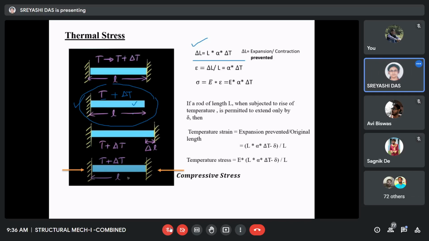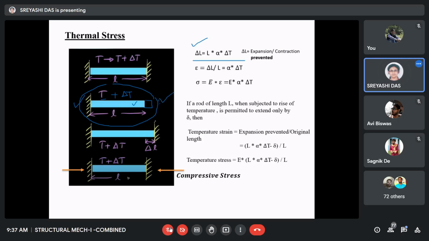So in the rail line, if that 4 or 5 millimeter gap is provided between two long lines, then whenever temperature rises, it will increase its length such that stress cannot be produced inside. Because in that case, the material would have to take extra stress, thermal stress. We want to reduce the stress. So L alpha T, it will try to elongate and it is getting that space for elongation. So there is no thermal stress.